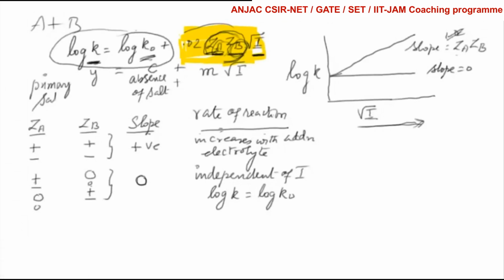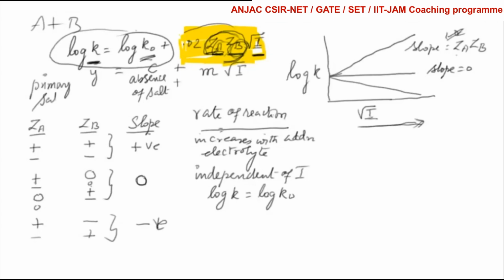The third case: A has a positive charge and B has a negative charge, or A has a negative charge and B has a positive charge. In both cases the slope is negative, and your line would be just like this. What does it mean?